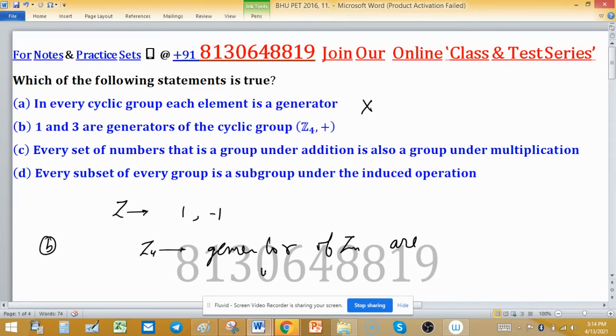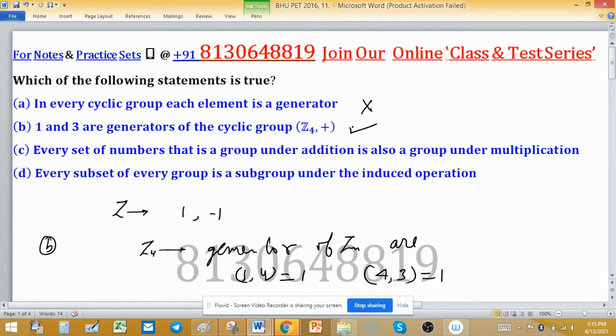So GCD of 1 and 4 is 1, and GCD of 4 and 3 is again 1. So 1 and 3 are generators, and the total number of generators in Zn is equal to phi(n), the Euler totient function, which you can use to find the number of generators in Zn. So statement B is true.